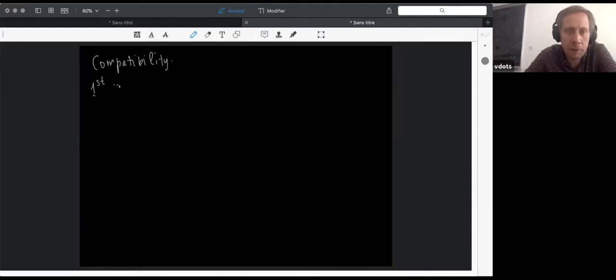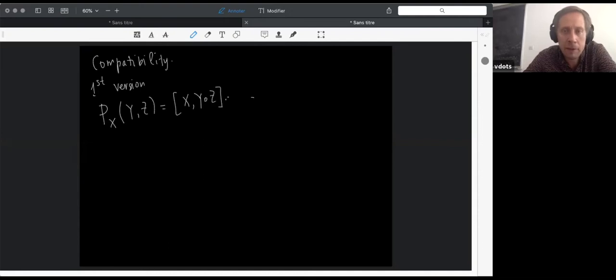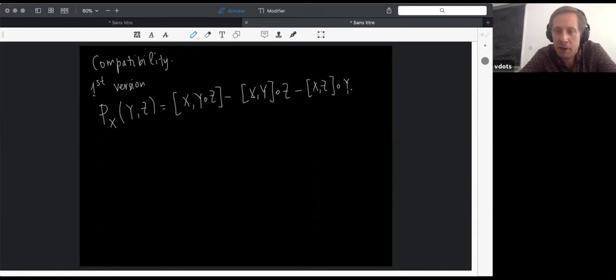The first version of compatibility. You write the thing that I will denote P(X, Y, Z) equal to X bracket with the product of Y and Z, minus the bracket of X and Y circle with Z, minus the bracket of X and Z circle with Y. If this were a Poisson algebra, this expression would be identically zero.